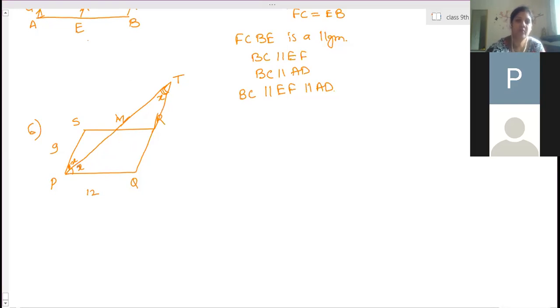So in triangle PQT, two angles are equal, so opposite sides will be equal. So PQ is equal to QT, which should be 12. And PS is equal to QR, that is 9. So how much is RT? 12 minus 9, which is 3 centimeters.